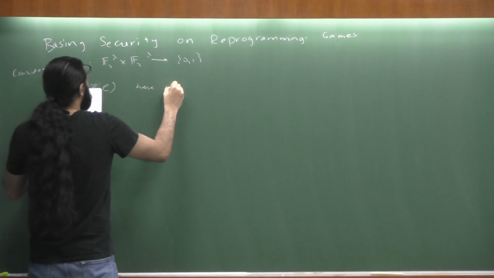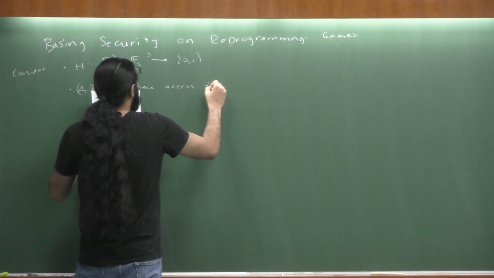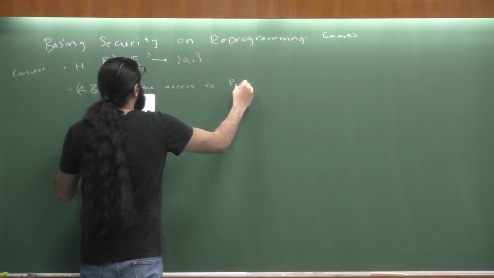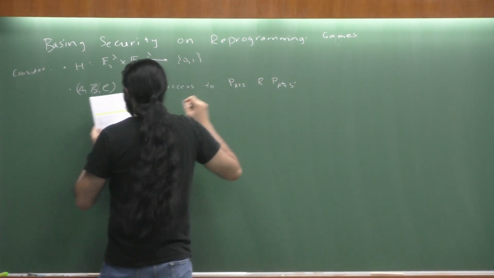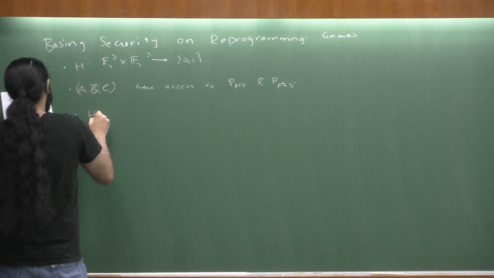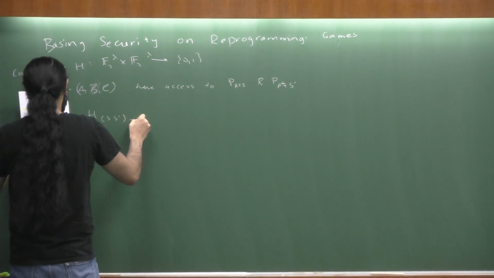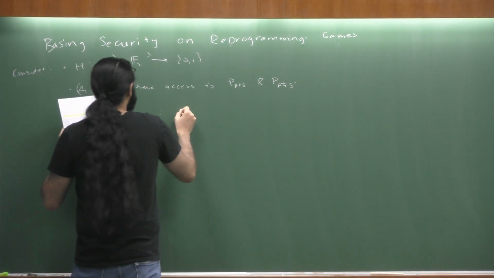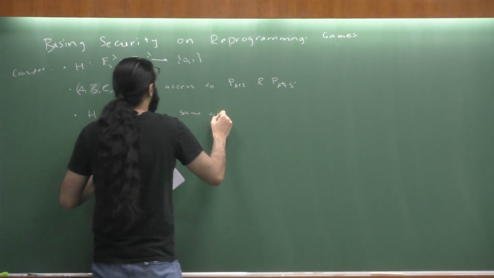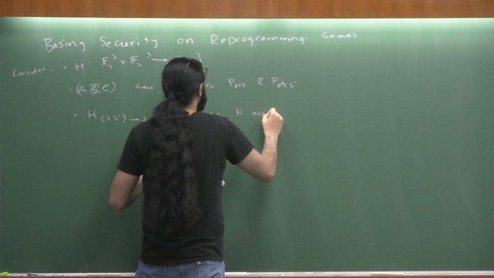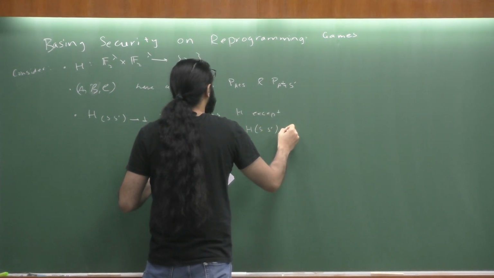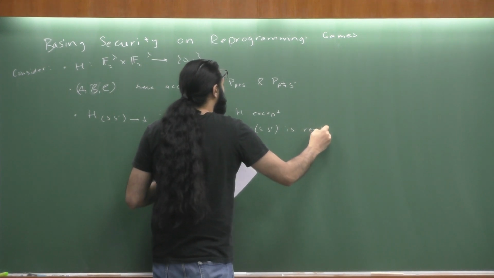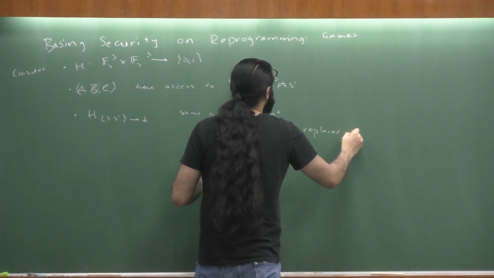have access to P A plus S and P A plus S prime, A perp plus S prime. Then H S S prime goes to perp. This is the same as H, except H of S S prime is replaced with perp.